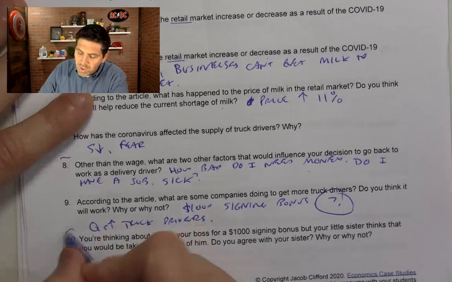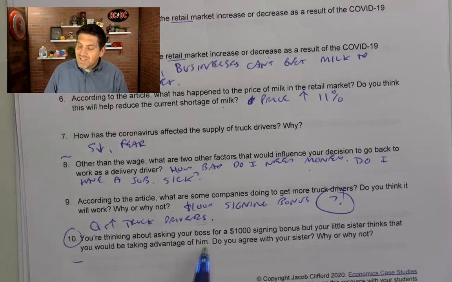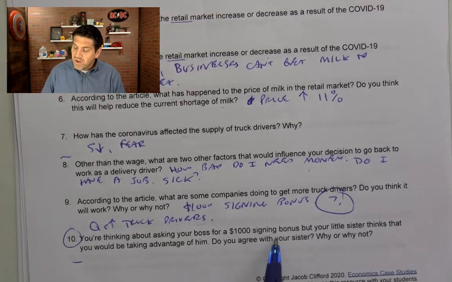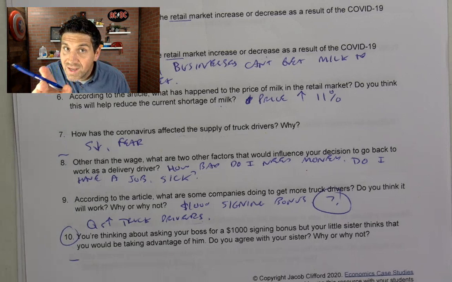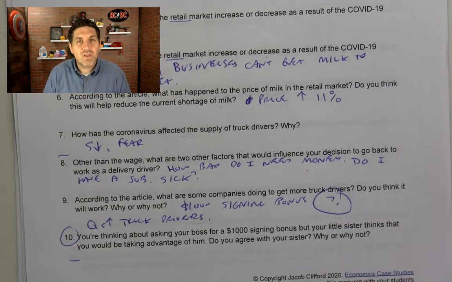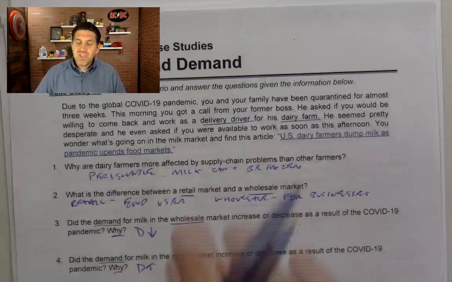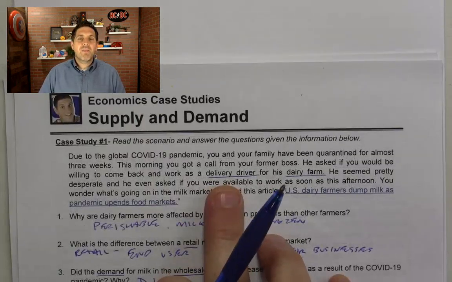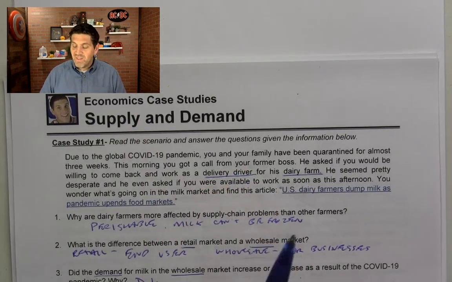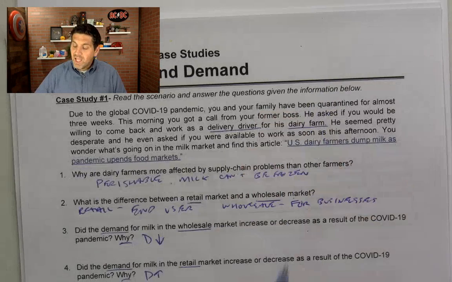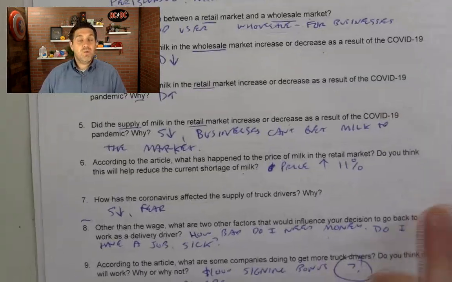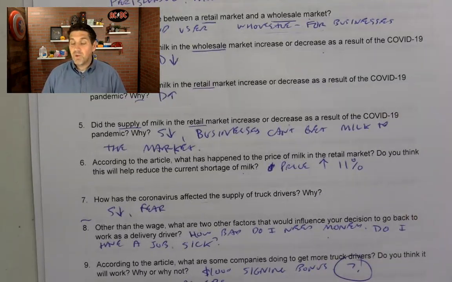Now, next one, this is totally more of an opinion. You're thinking about asking your boss for a $1,000 signing bonus, which is one of the reasons why you learn economics. You read this article. You realize, let's go back to the scenario. Something weird is happening in the market. Now you understand what's happening in the market. You realize this guy is desperate. Your former boss really needs you to come in, and here's the reason why.